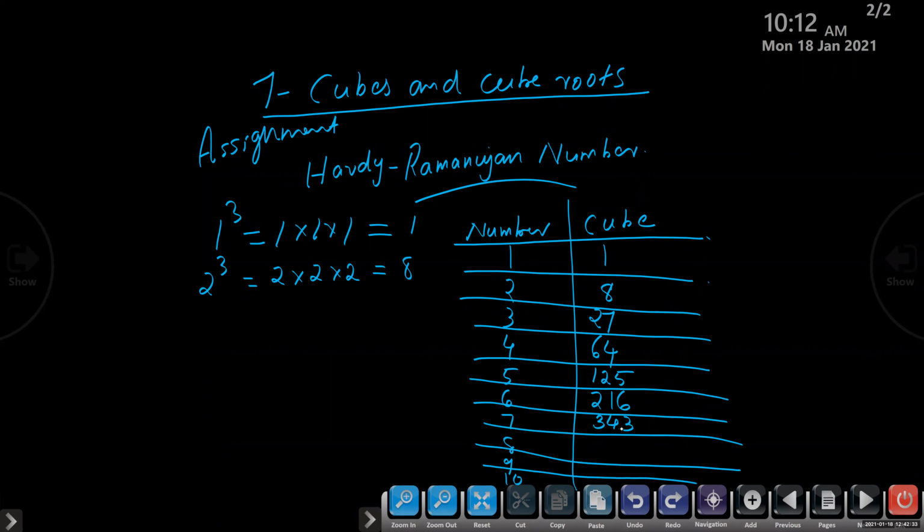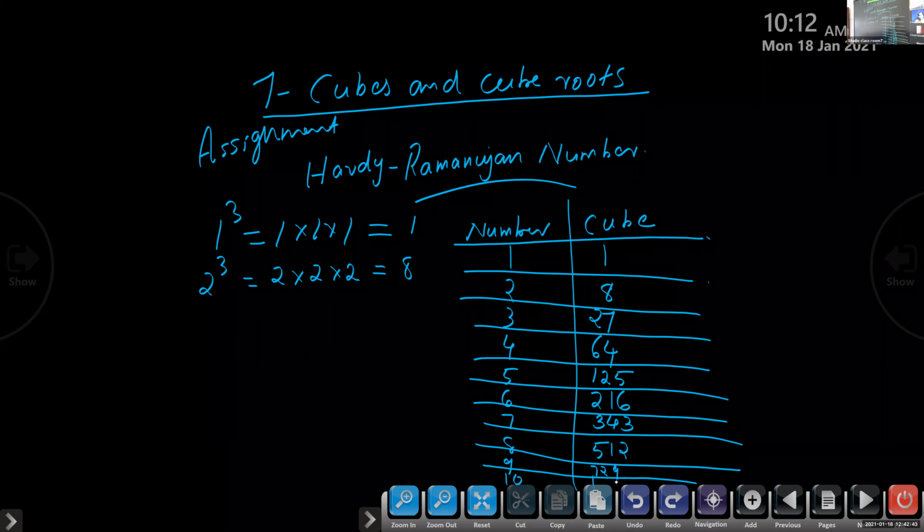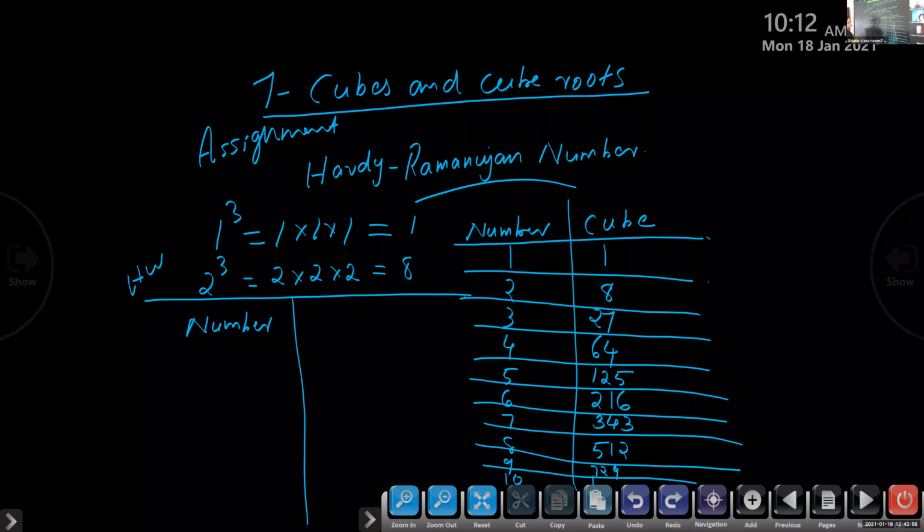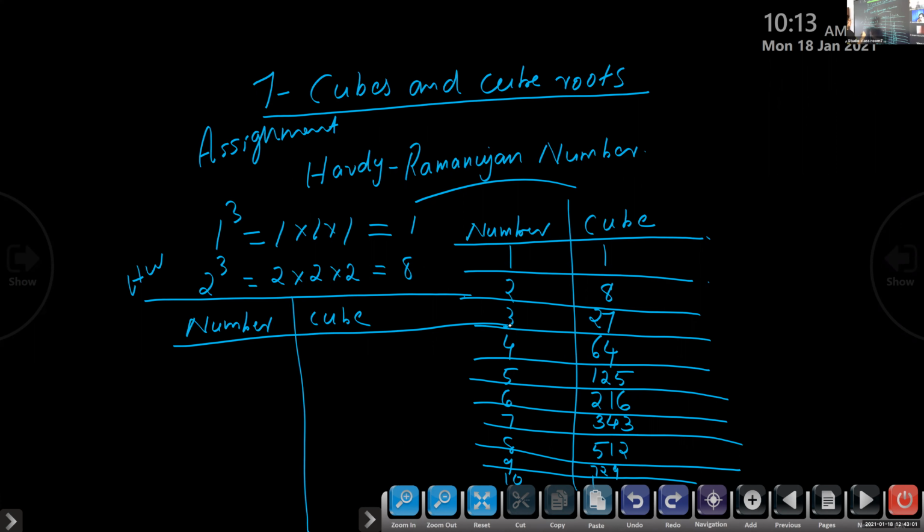10 cube is 1000. Okay. And you have a homework: you have to prepare the same type of table, number and cube, from 11 to 20, for the next period.